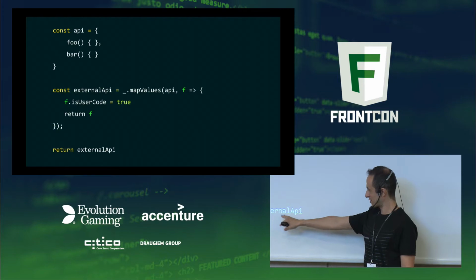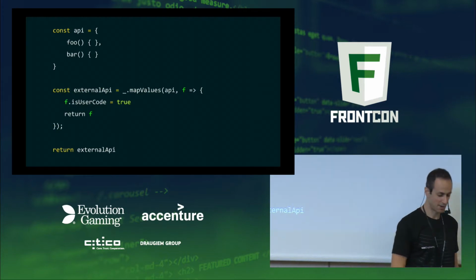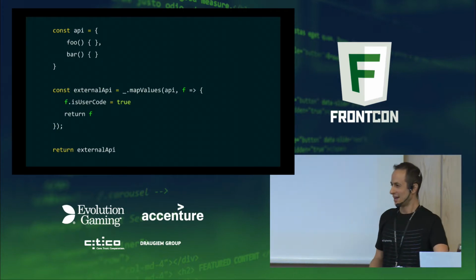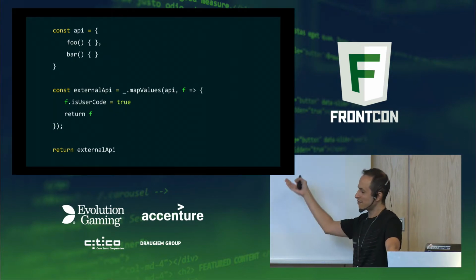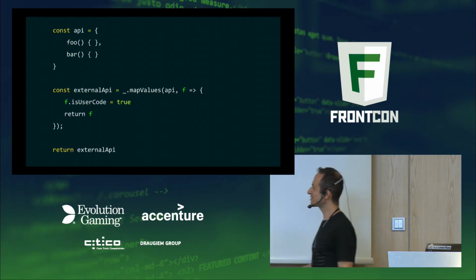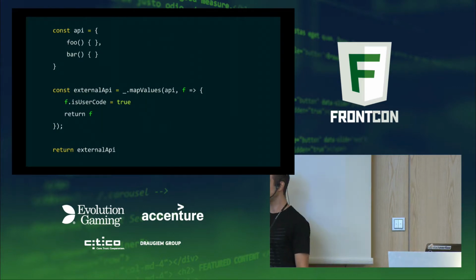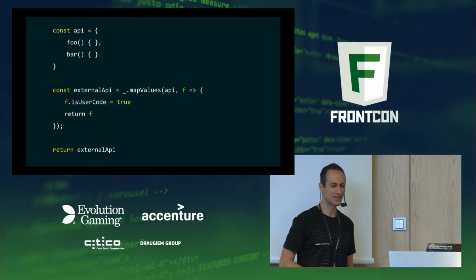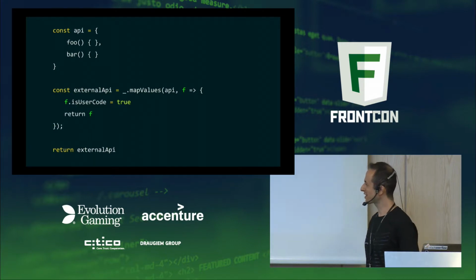And eventually, we will return this external API. And when you think about this kind of solution, what do you think? Well, this is very hacky, right? I mean, yeah, it's JavaScript, and we can do everything in JavaScript, but it's very hacky, and I think it's also a little bit ugly.